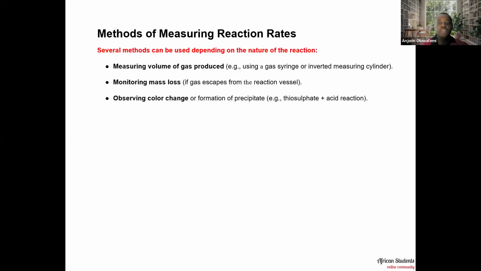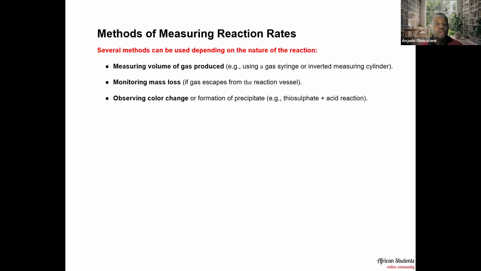Thirdly, we can observe color change or formation of precipitate, e.g., the thiosulfate plus acid reaction. So we can also measure reaction rate by observing color change or formation of precipitate.